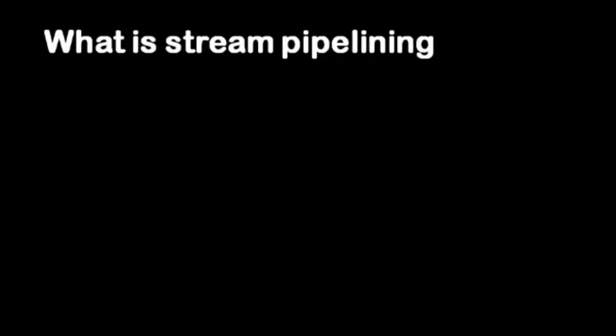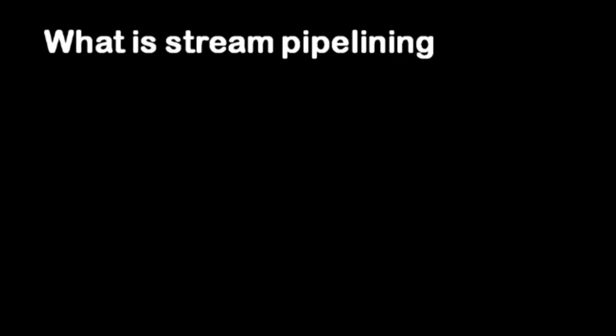What is stream pipelining? Stream pipelining is nothing but joining multiple intermediate operations. I hope you are aware of what intermediate operations are. Intermediate operations won't give us a final result; if they are working on a stream, they will again return a stream.